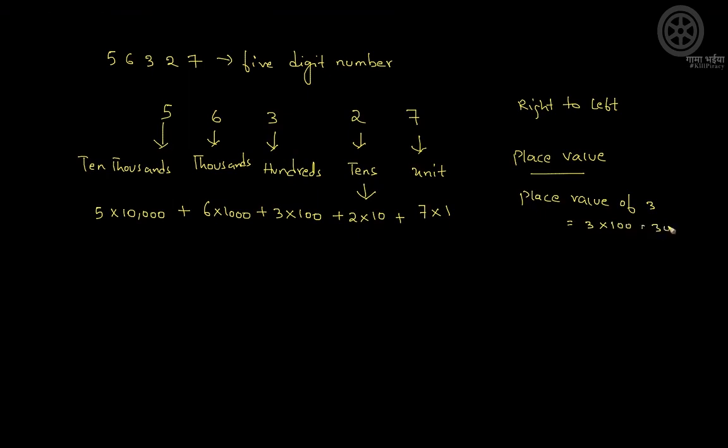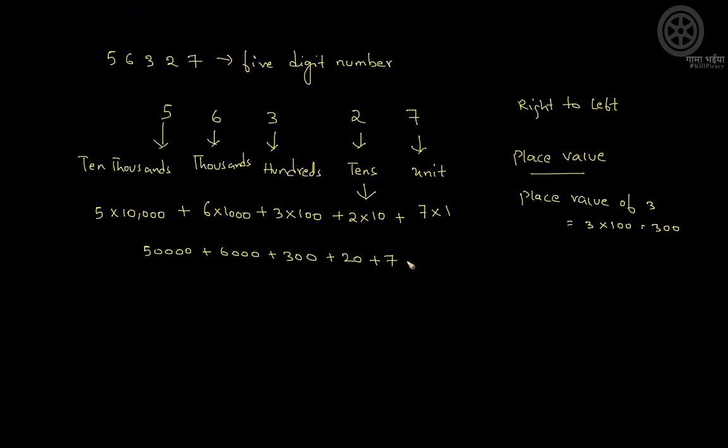It is 300. See how the 5-digit number is formed. 50,000, right? Plus 6,000 plus 300 plus 20 plus 7. This is the way we need to find the place value of a particular number, right?